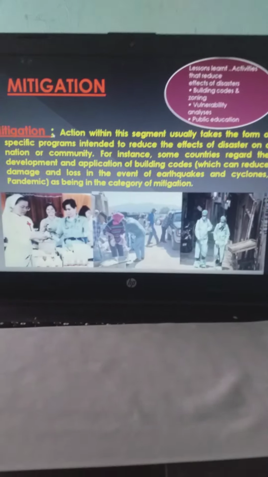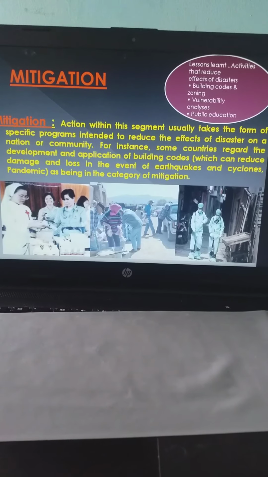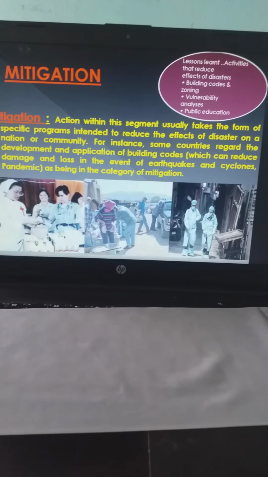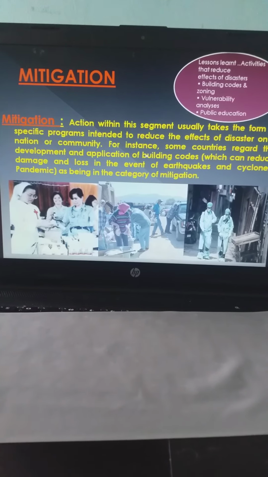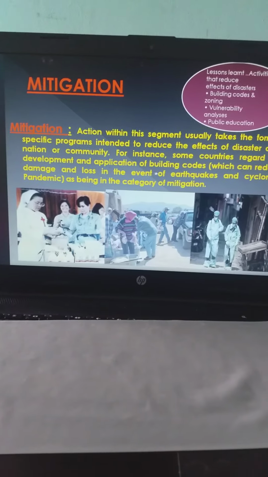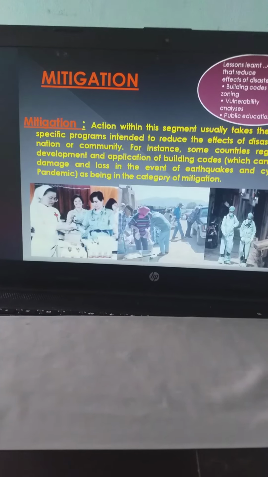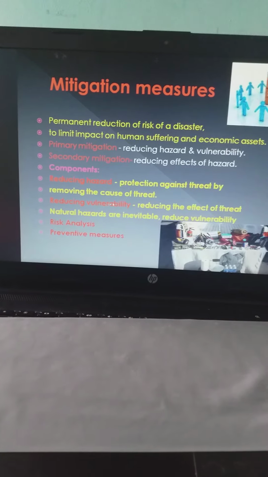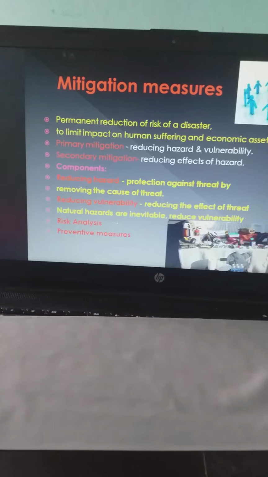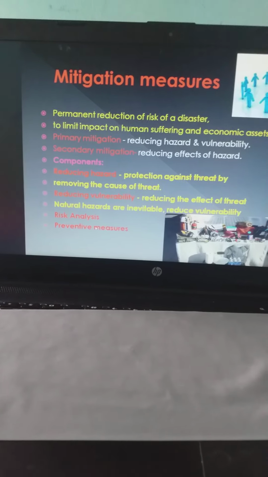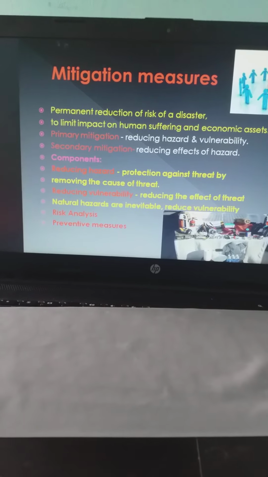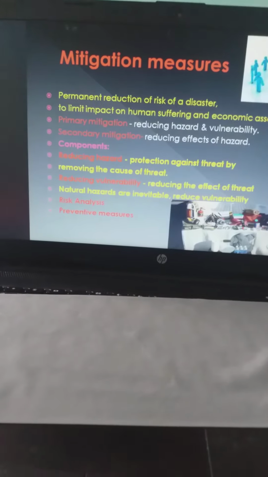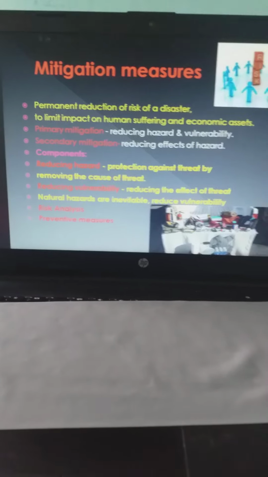You just go to the definition: actions within this segment usually take the form of specific programs intended to reduce the effect of disaster on a development community, such as building codes which can reduce damage and loss in the event of earthquakes and cyclones. Not only that, a pandemic also falls in the category of mitigation. Mitigation measures are reducing hazards, reducing vulnerability, risk analysis, and also preventive measures. What steps can we take to prevent? All these things are the components of the mitigation cycle.